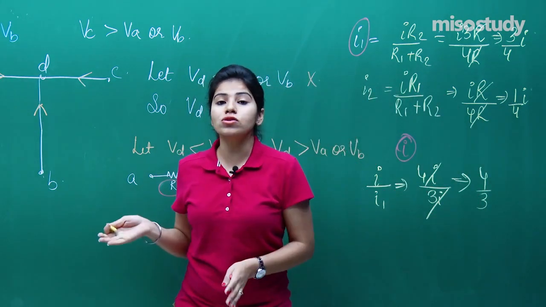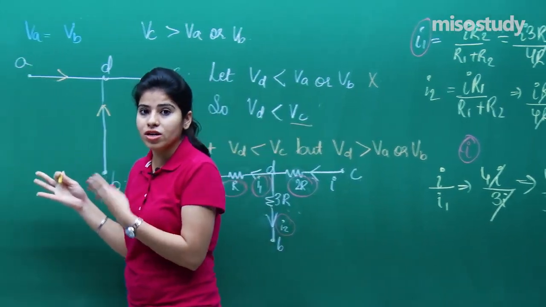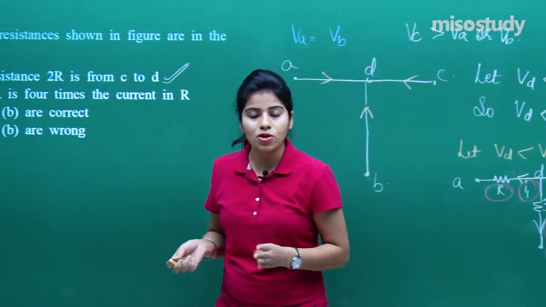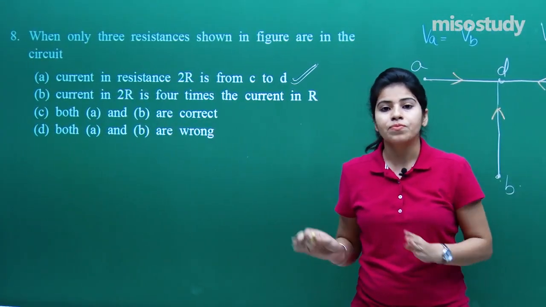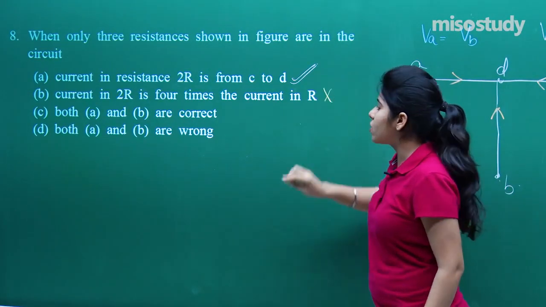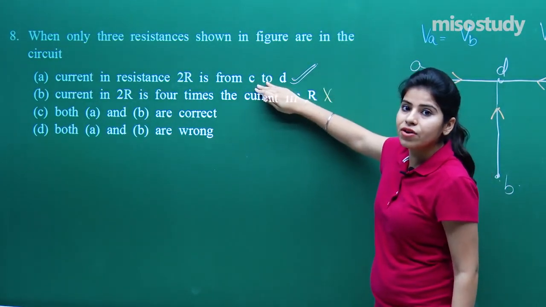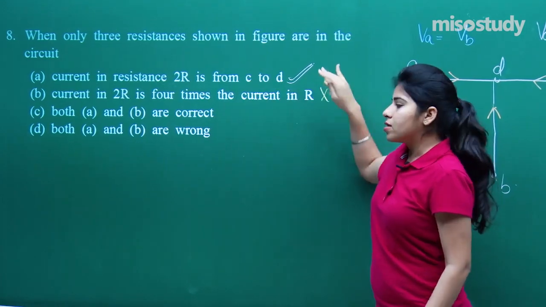That means the ratio that has been given in the option is not correct. It is 4 by 3 times, but not 4 times. This is not correct.